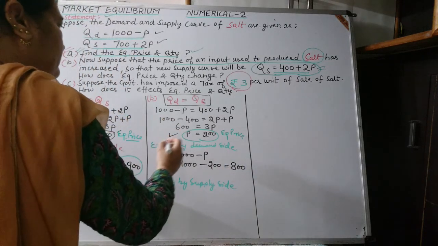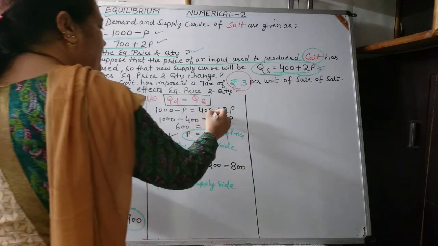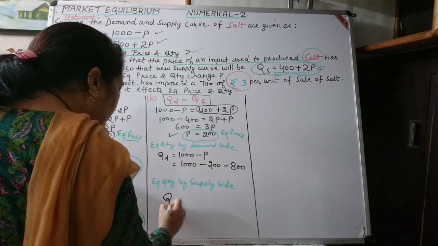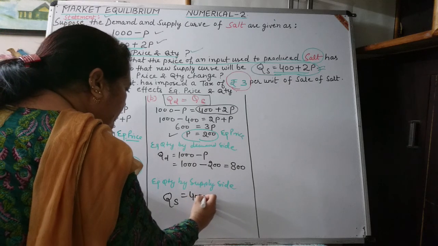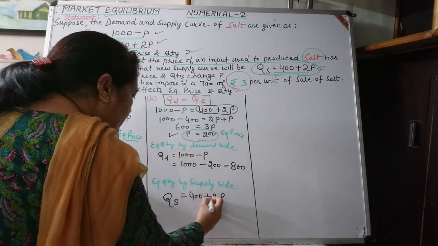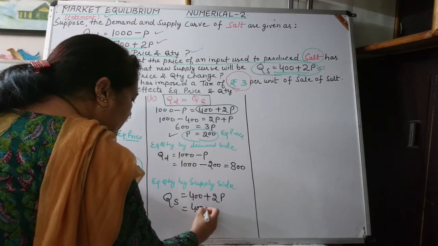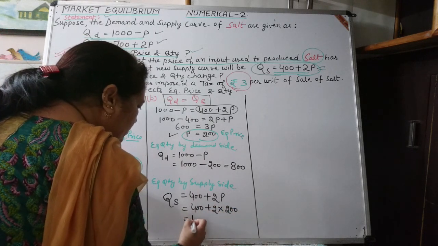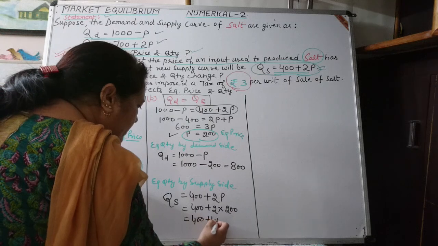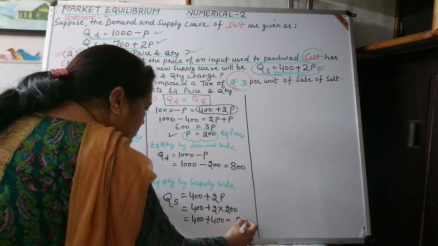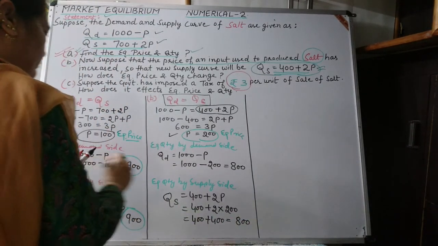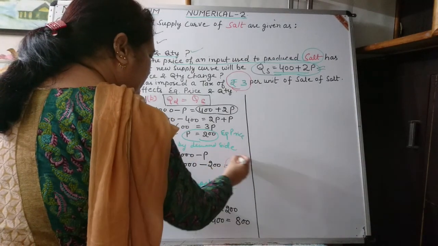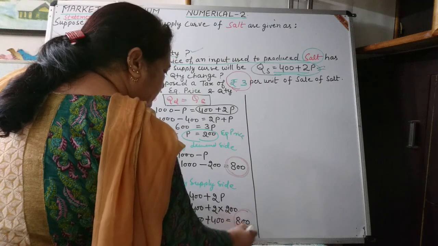And the supply equation, QS is equal to 400 plus 2P is equal to 400 plus 2 multiplied by 200 is equal to 400 plus 400 is equal to 800. So again quantity demanded is equal to quantity supplied, which is 800 and 800.